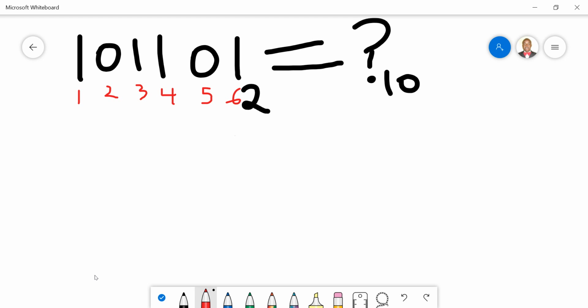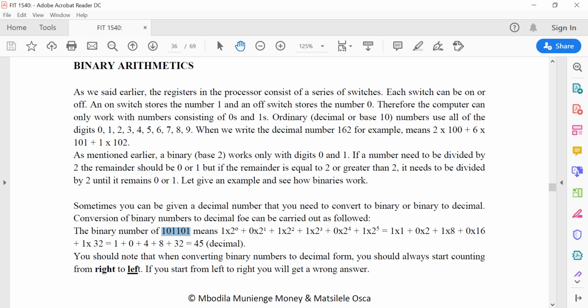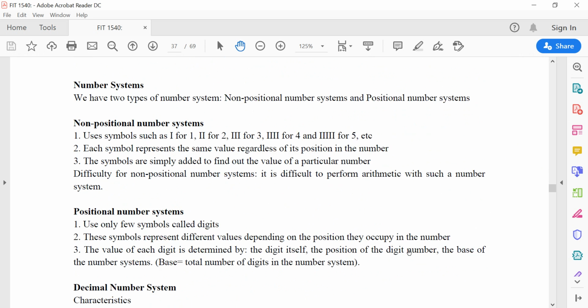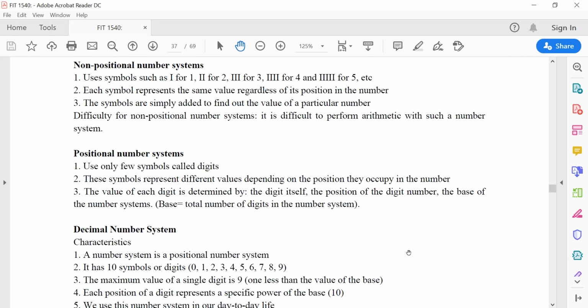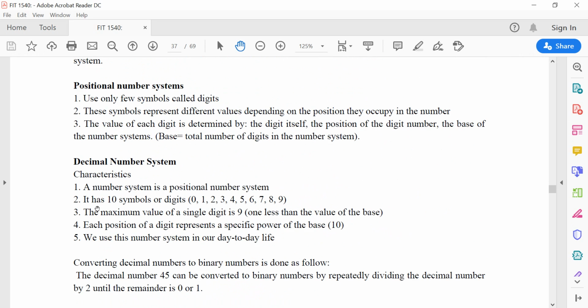Because if you still remember, on our notes, the decimal number has 10 symbols or digits, and those digits start from 0 up to 9.